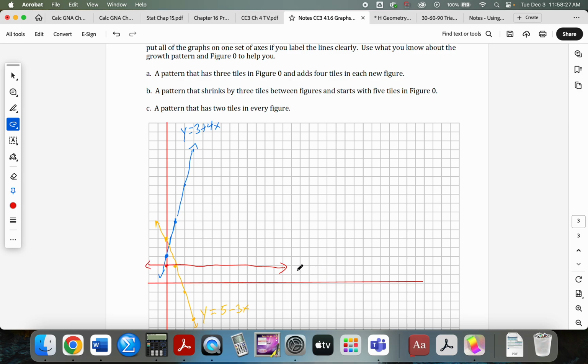And the equation is equally boring. It's y is always 2. We don't take away tiles or add tiles, so there is no plus anything x. I suppose if you had to, you could say y equals 2 plus 0x, but there's no need to.